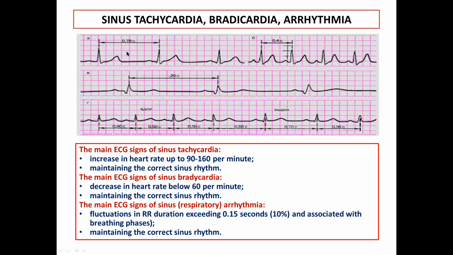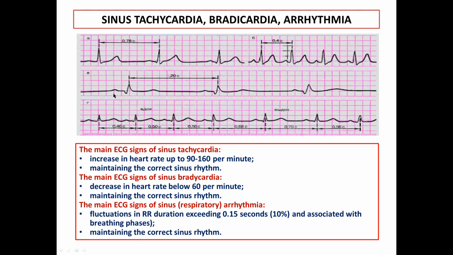You see on the first picture normal rhythm, and then during tachycardia you can see shortening of RR intervals. Sinus tachycardia may develop in hyperthyroidism, for example, in pheochromocytoma, and also in hypovolemia.